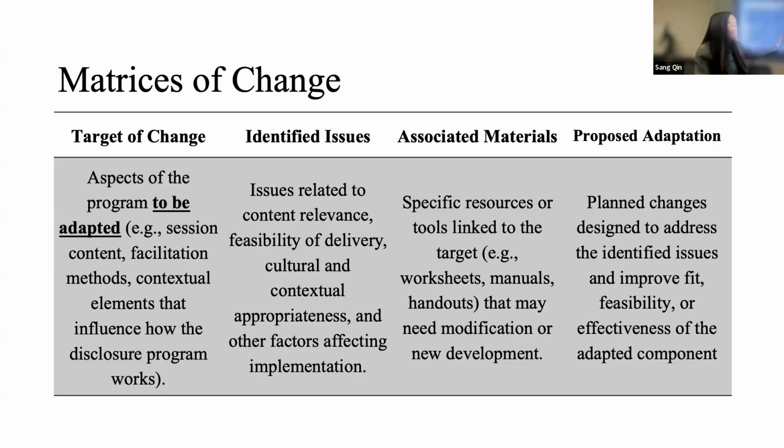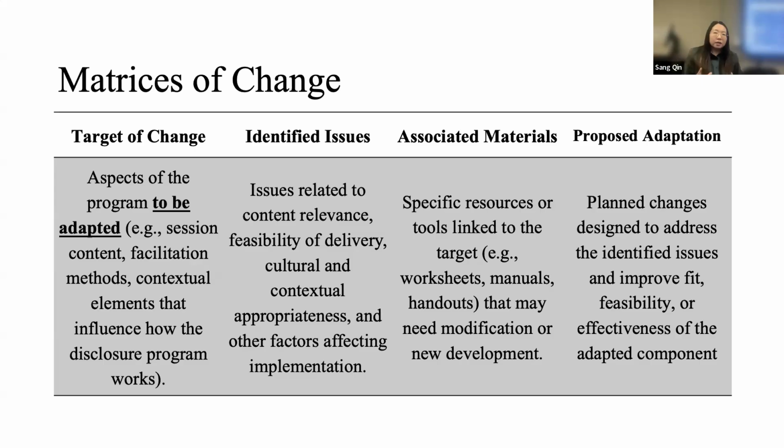What are the connected materials in the intervention? They could include the program materials, the session materials, or the delivery materials. All those are included as associated materials. Then we also link back to say what the specific steps are for making those adaptations, and who is responsible for which component. So that's a matrix we always work through: this is a program, this is its history, this is a goal.